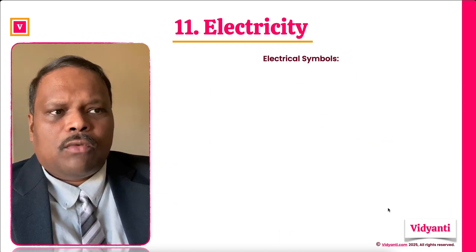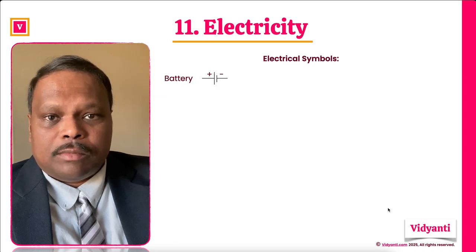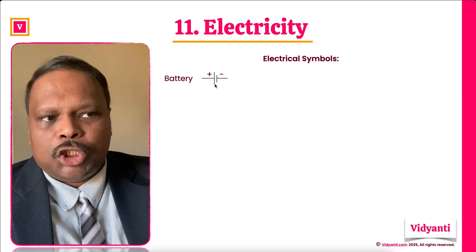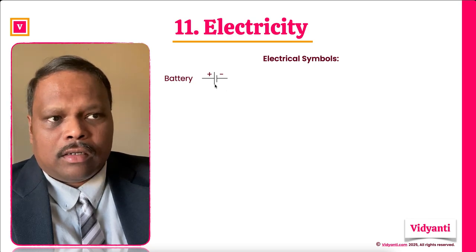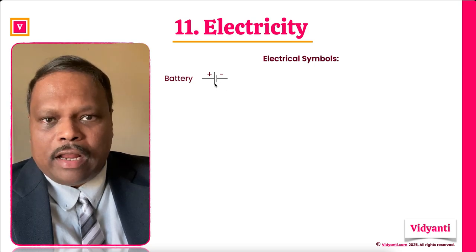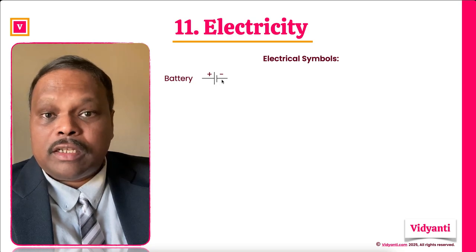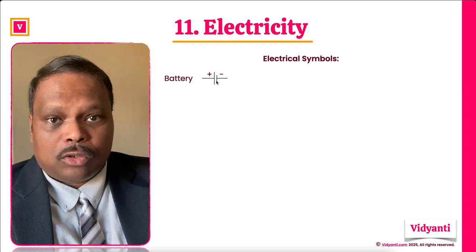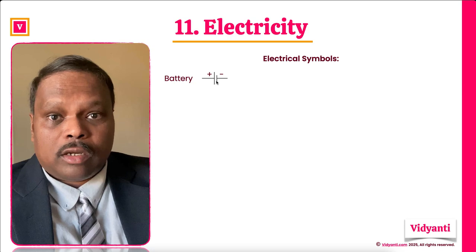With this one, now we are going to go to electrical symbols. Electrical symbols, the first one is battery. We have to purposely show the one line. Now the longer line is representing positive terminal, the shorter line is representing negative terminal. Please do not connect the horizontal lines. There must be a gap to indicate the separation of the two terminals.